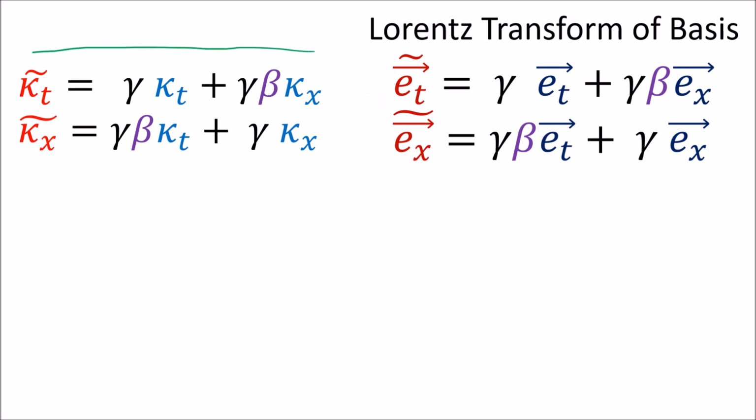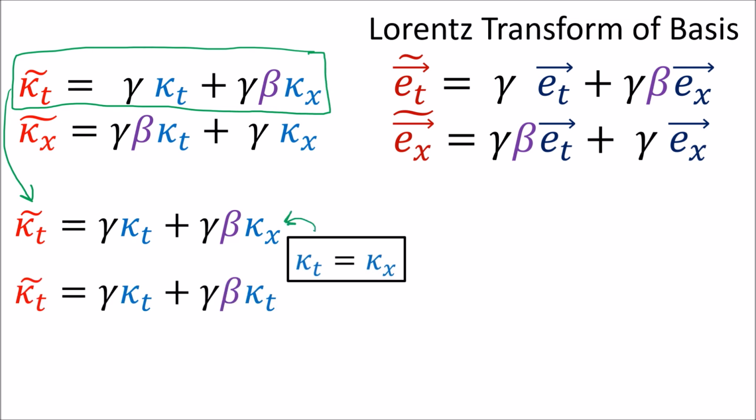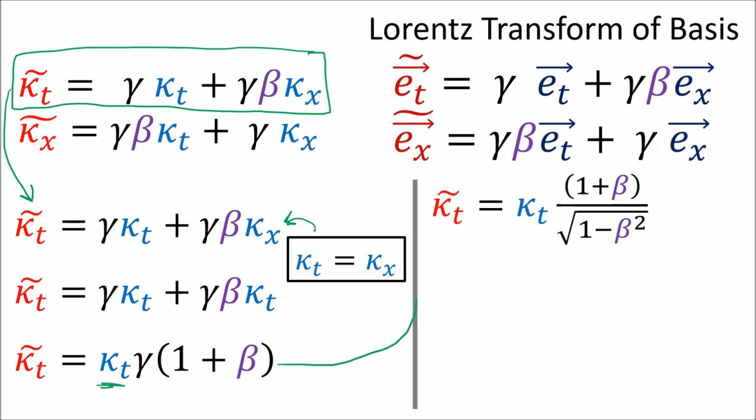We can take this formula and turn it into a version that's more commonly seen in relativity textbooks. We can replace kappa x with kappa t since they are always equal for light waves that are not moving in the y or z directions, and then factor out kappa t. We can also replace gamma with 1 over the square root of 1 minus beta squared.